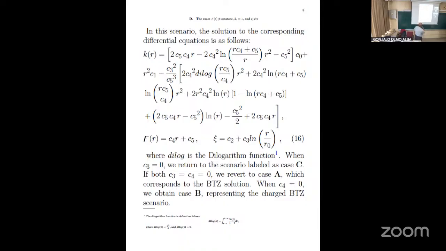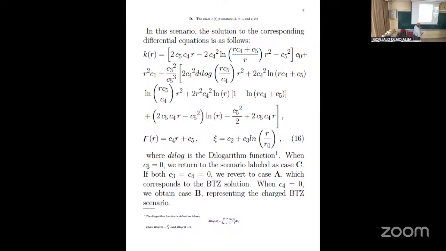Okay, here is the dilogarithmic function, which is defined by this form, where the dilogarithm of 0 equals r squared over 6, and the dilogarithm of 1 equals 0.